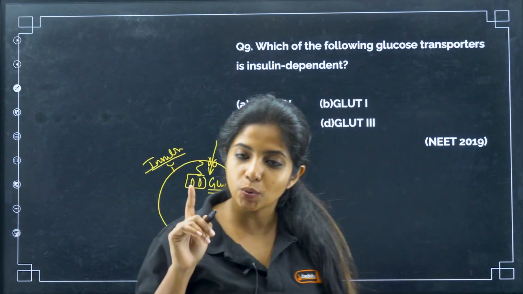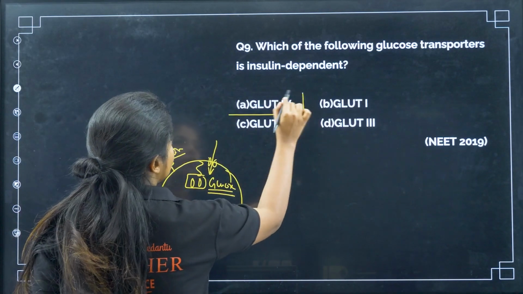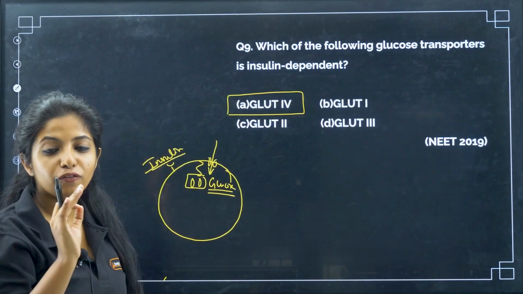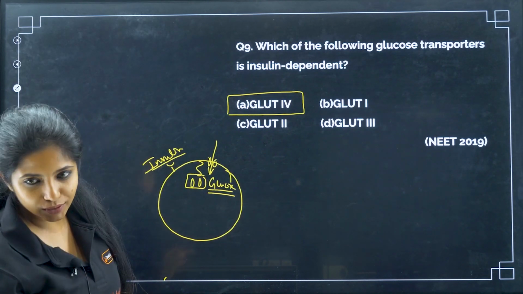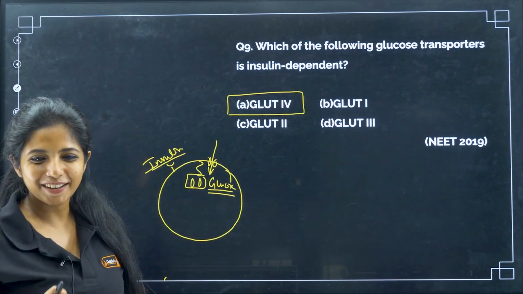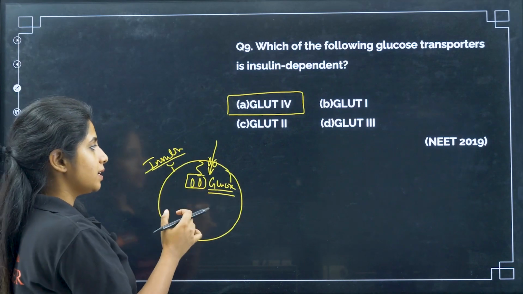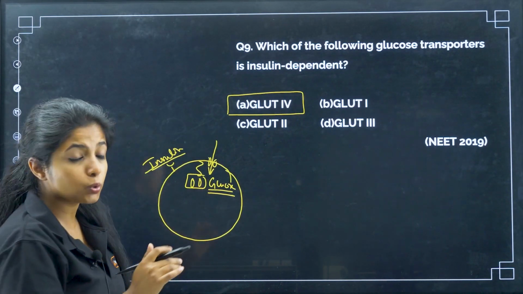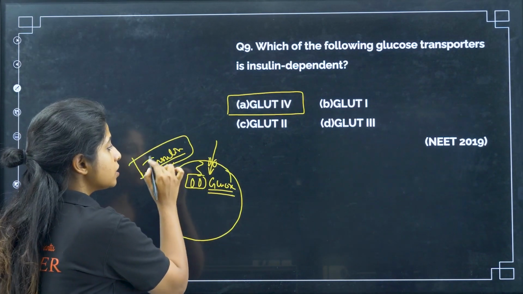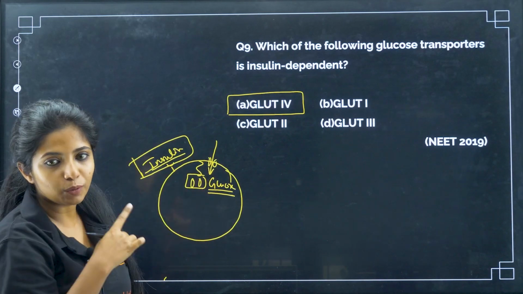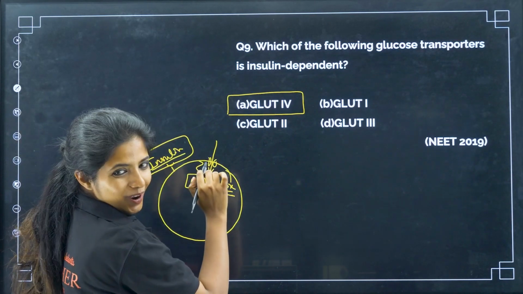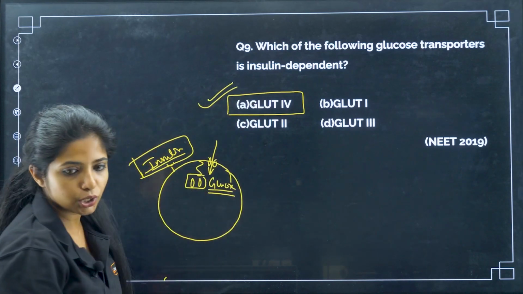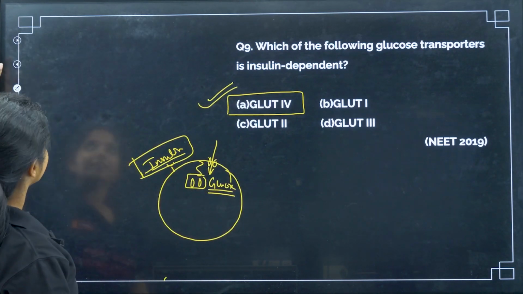Only GLUT4 is mentioned, and it allows the transport of glucose within the cell. It is also highly dependent on insulin. Only if insulin comes and binds, that's when all this happens. Will you ever forget it? I hope not. So this is your answer for the sweetest question out there.